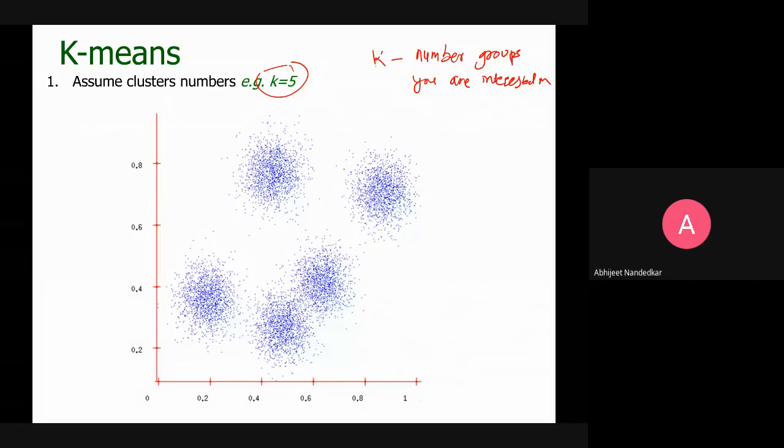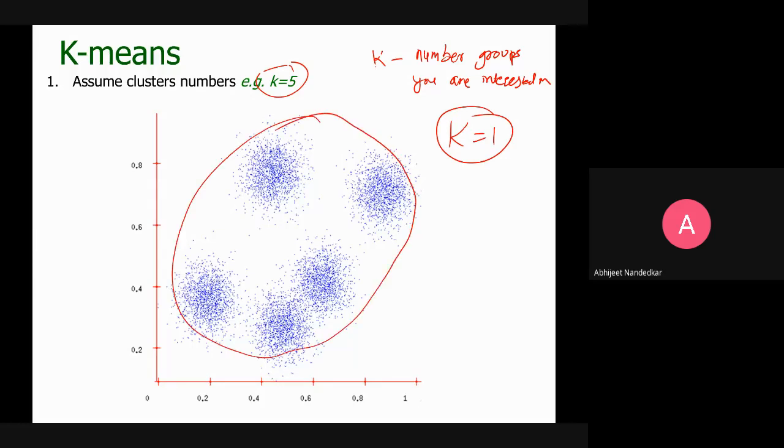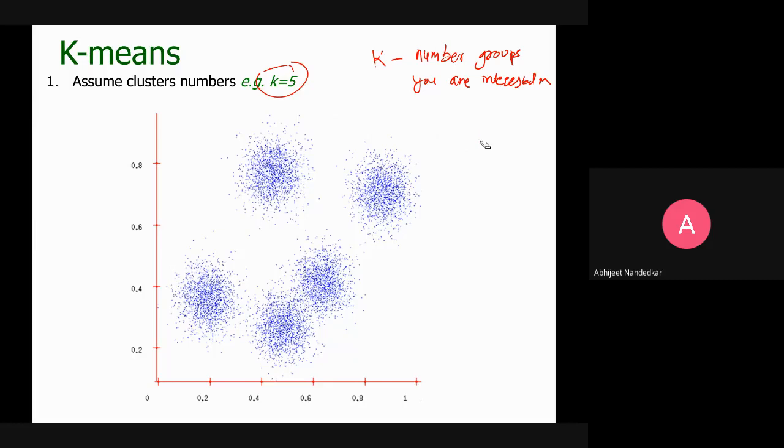That is the beginning of my algorithm. You may start with k equal to 2, or 5, or 10, or whatever you want. Can you start with k equal to 1? That means I want everything in one group. There is no fun in doing this, because for clustering the minimum value is 2. You will be dividing this data into at least 2 groups. Everything put into one group doesn't make any sense. So the minimum value of k is 2.